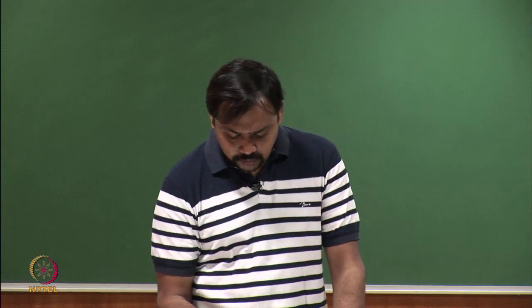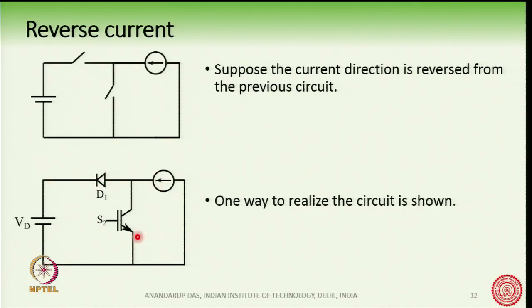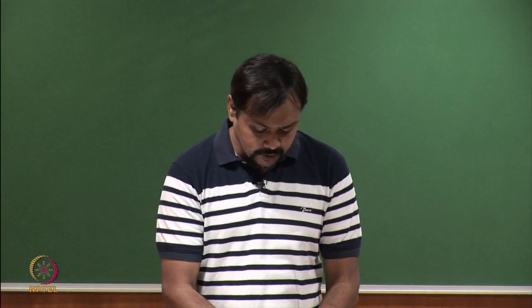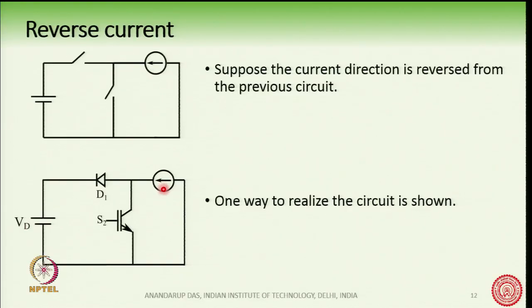This is one way of realizing the circuit. As you can see here, I have interchanged the positions of the diode and the transistor. So, the IGBT has come down here and the diode has been moved here compared to the previous circuit. So, this is one way of realizing a circuit with the voltage source here and the current source here, where the current direction is from right to left.